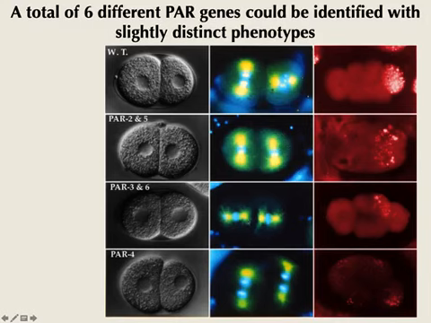In this one, both spindles are oriented in the anterior-posterior axis, and the P granules become asymmetrically partitioned, but in the wrong cell, and so on and so forth. Okay, so those were really essential discoveries for this so-called PAR complex or PAR system, which has been named after those.